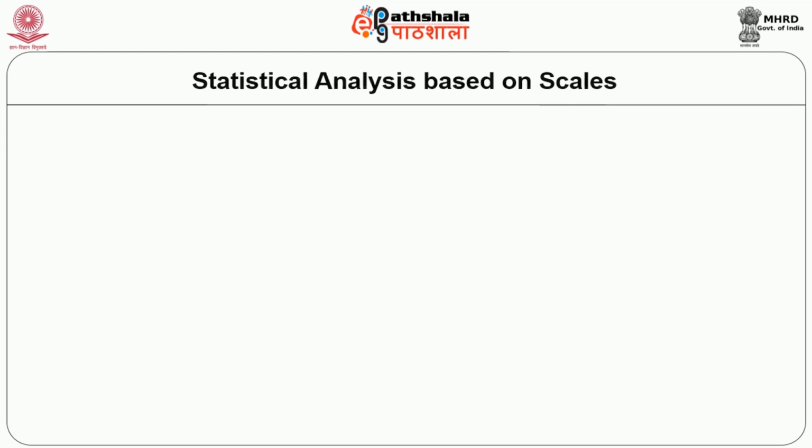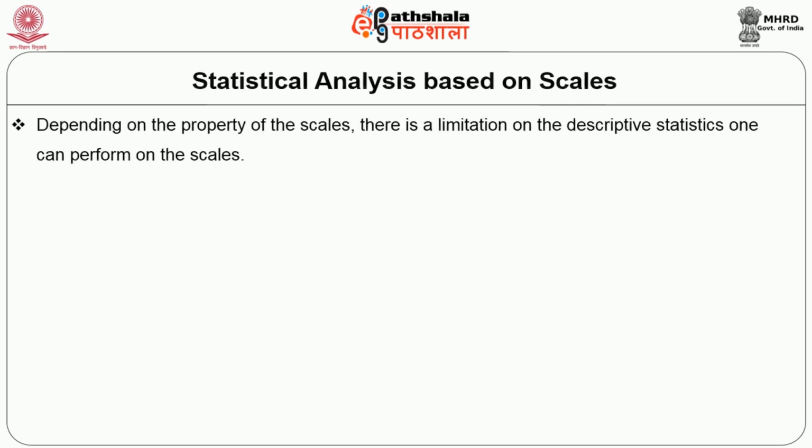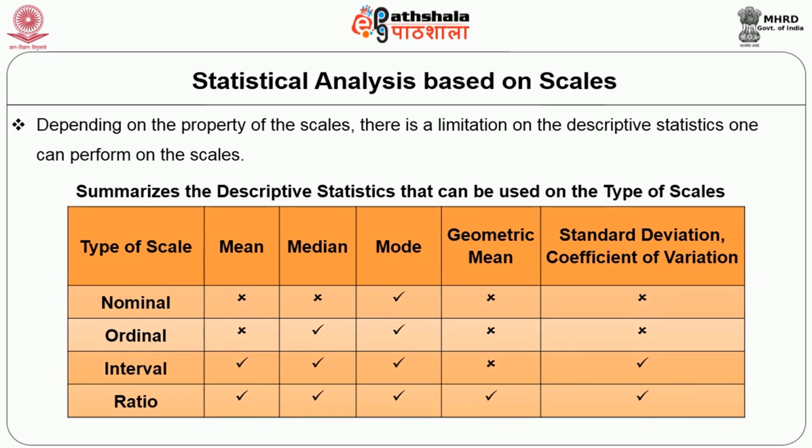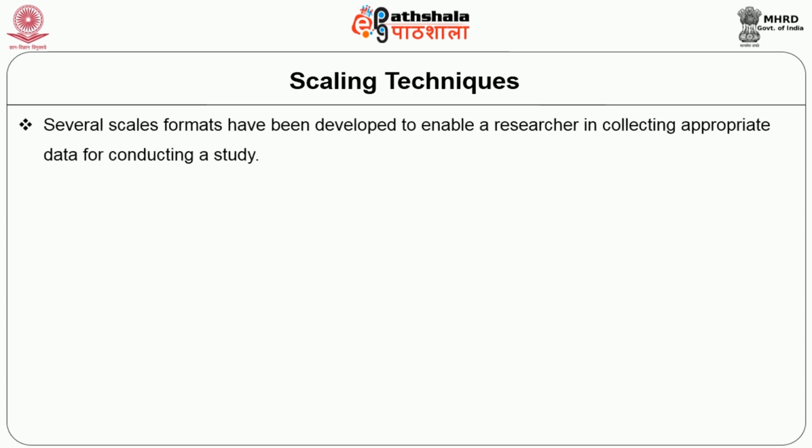Statistical analysis based on scales. Depending on the properties of the scales, there is a limitation on the descriptive statistics one can perform on the scales. Table 2 summarizes the descriptive statistics that can be used on each type of scale. Scaling techniques. There are several scale formats that have been developed to enable a researcher to collect appropriate data for conducting a study.